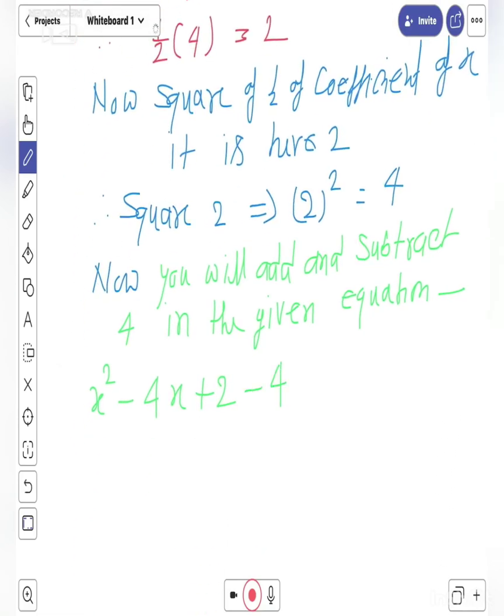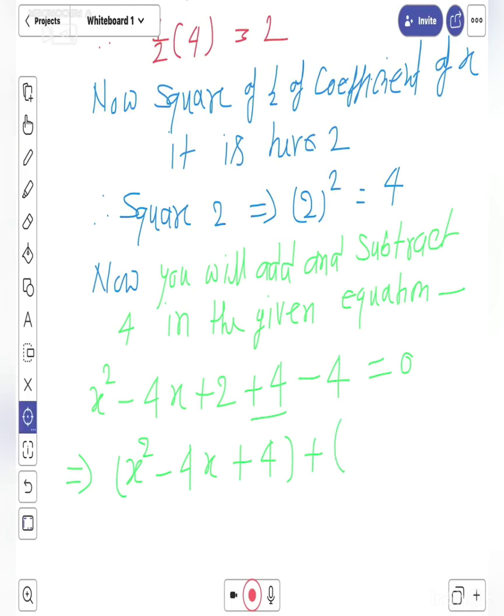So what to do after this? Means plus 4 you add, and minus 4 you subtract also, so plus 4 and minus 4 equal to 0. After this step what to do? You will write x square minus 4x and the positive number here and close the bracket.